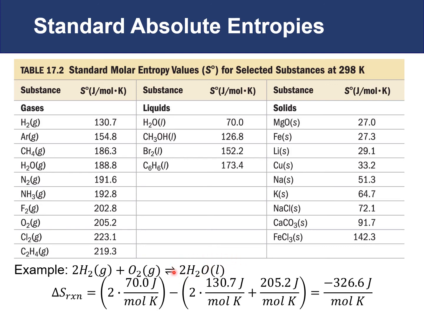The liquids have a lot less entropy than the gases, and we have more molecules in the gas phase than we have molecules in the liquid phase. So we would expect that the reactants themselves, each individual molecule, should have more entropy than the water, and we have more of them. So our total reaction should have a negative entropy value. The amount of randomness will go down as a result of this particular process.